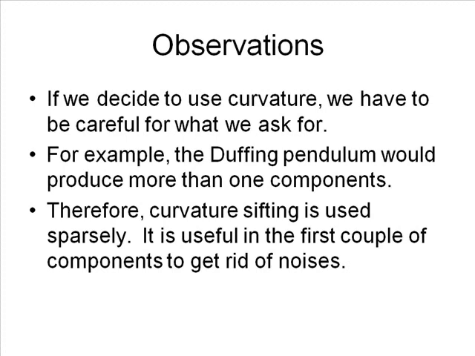So curvature shifting is used sparingly. I don't use it very often. It is useful in the first couple of components to get rid of noise. If your data is very noisy, sometimes I use this. But you see, any time you use a derivative, you always introduce noise.